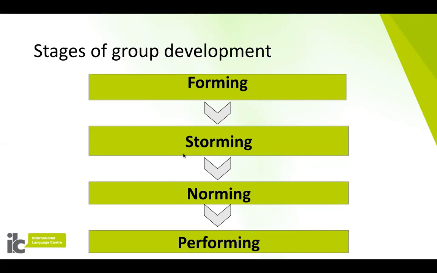However, very often you might get stuck between storming and norming. And from norming, things might go back again to storming, and then from norming to storming, and again. Also, if you think about your previous academic year, they work well in October, November, December, so they are on the performing stage.